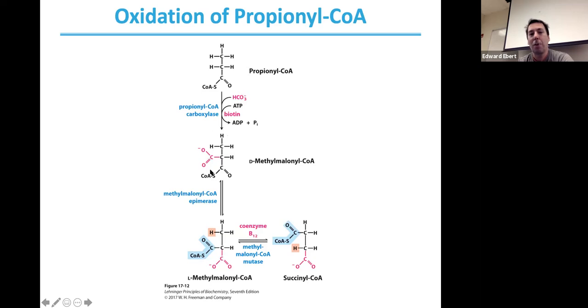This is coming from bicarbonate, and we'll make methylmalonyl-CoA. All right, and because of stereospecificity we end up with D-methylmalonyl-CoA, so we're going to convert that into L-methylmalonyl-CoA, and then we mutate that around. We kind of flip our coenzyme A to be attached to the different carbon here. Yep.